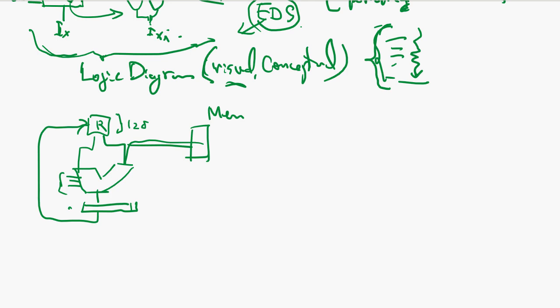This is a typical general purpose CPU. In the middle they have a shifter. You have to do shift operations.